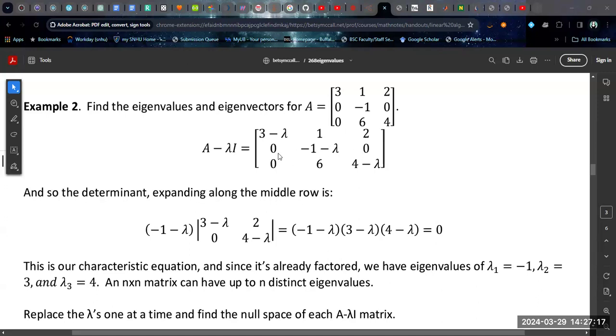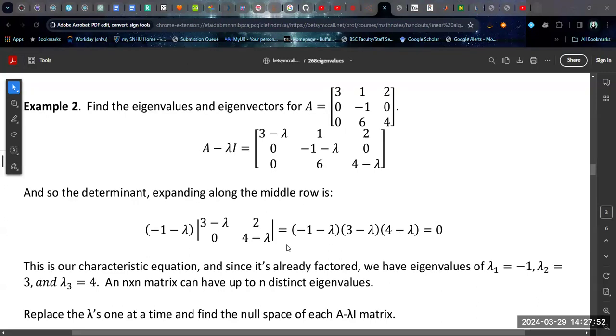So the zeros in the two minus positions disappear, and I'm left with canceling out this column and this row, and my submatrix that I have to multiply this negative 1 minus lambda with is the 3 minus lambda from up here, the 2, the 0, and the 4 minus lambda down here. And then when I calculate this determinant, I get these two minus 0. And so I'm left with this equation.